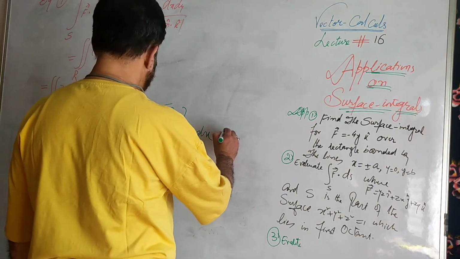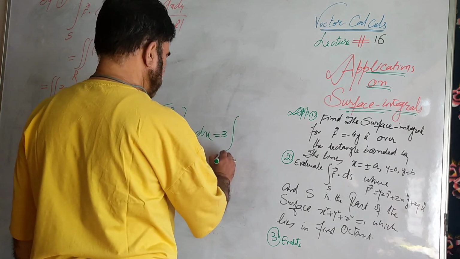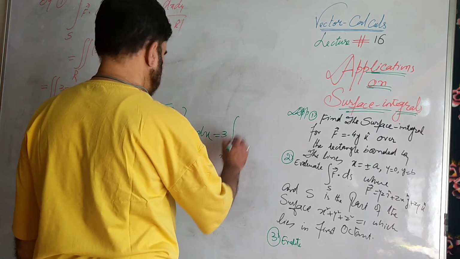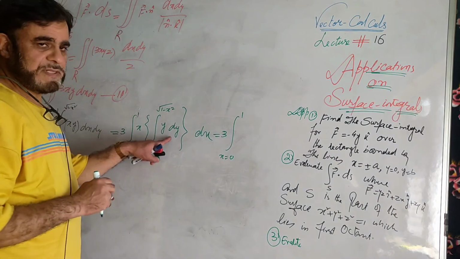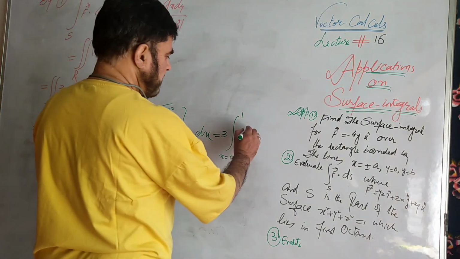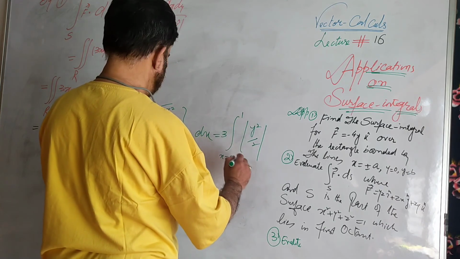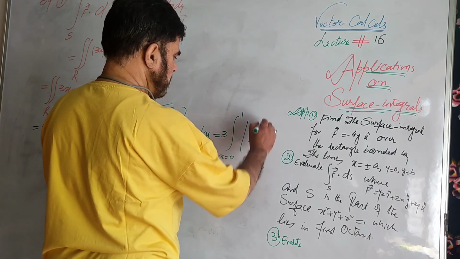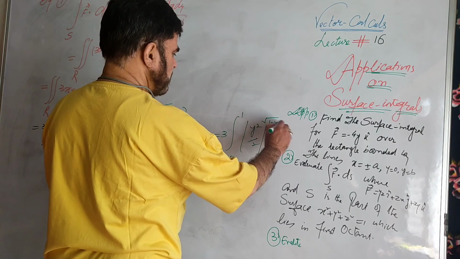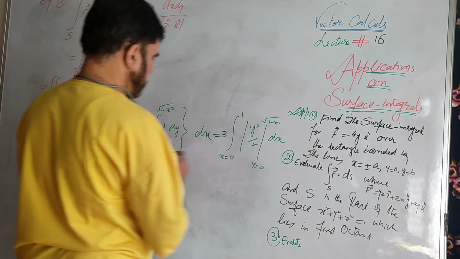Well, this will be your 3 times integral x running from 0 to 1. What is the integral of y with respect to y? It is y square by 2, and you have to give the limit for y running from 0 to under root of 1 minus x square. This is your dx here.